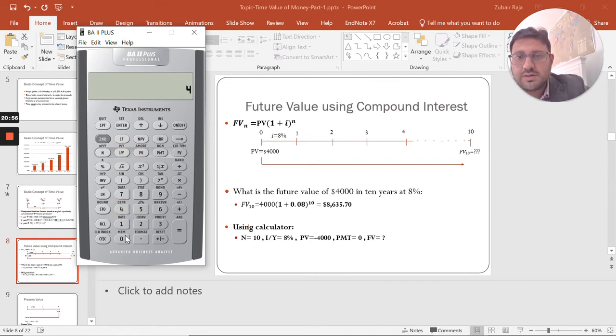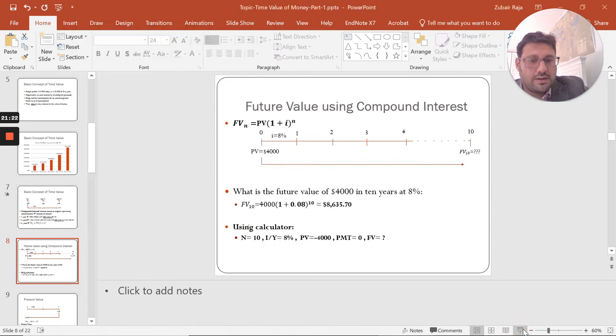Your present value is minus 4,000, it will go over here. Your payment is 0. Now compute the future value, 8,635.70, which is exactly what I got by inputting these numbers in the formula. So this is how you can find the future value using the calculator.